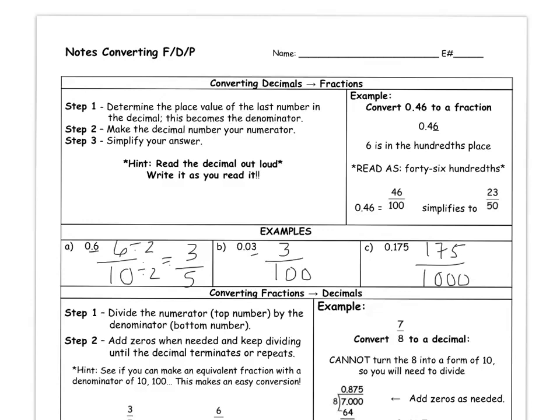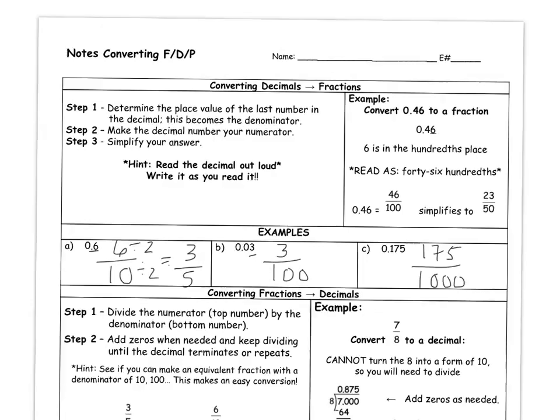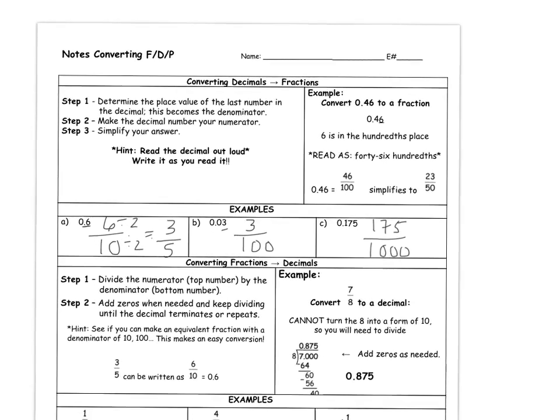And remember, if you're not sure, you can write it out on the side. So let's see, how many times is 5 going into 175? 35 times.